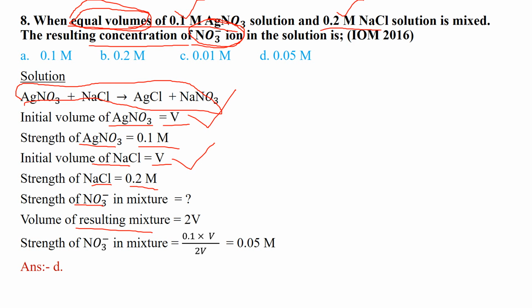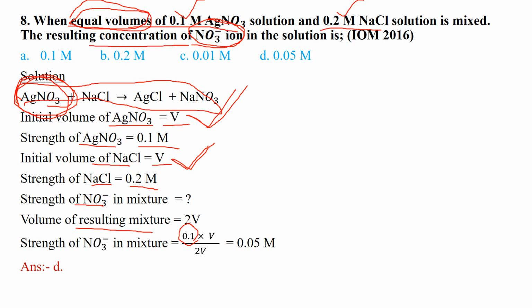The volume of the resulting mixture will be 2B, because B will be of silver nitrate and B will be of sodium chloride. Then the strength of nitrate ion will be 0.1, right? Remember, nitrate ion will be furnished by silver nitrate only, because sodium chloride does not furnish nitrate ion.